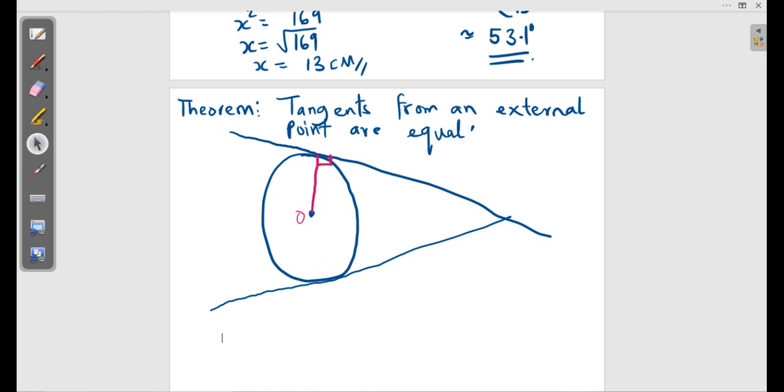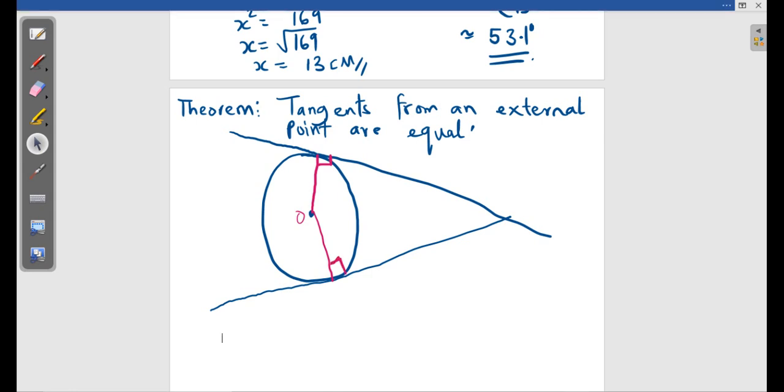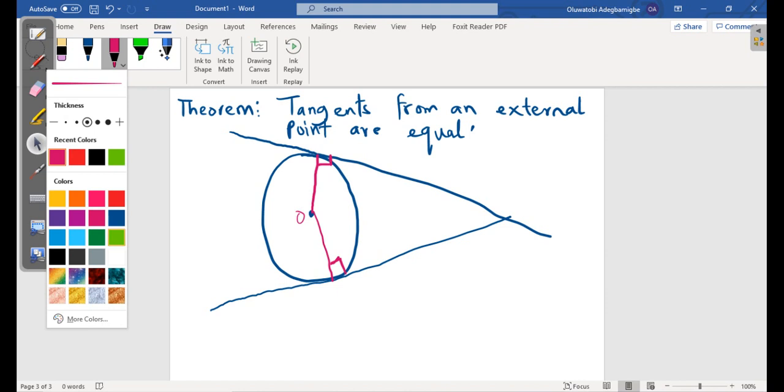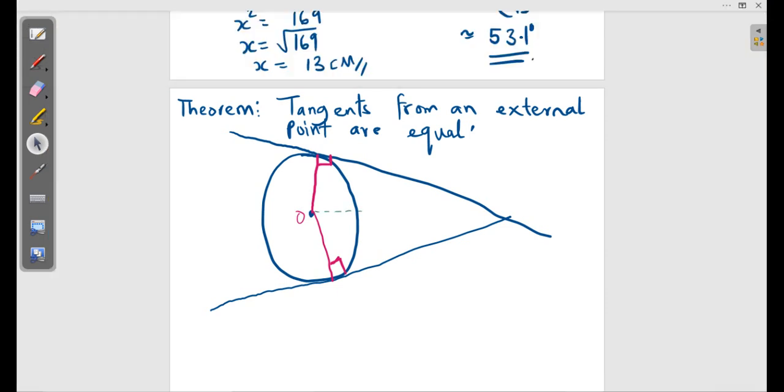A line that I draw from here to here gives me another 90. Now there is something we call the line of symmetry. A line drawn from this center up to the point where the two tangents meet is called a line of symmetry.